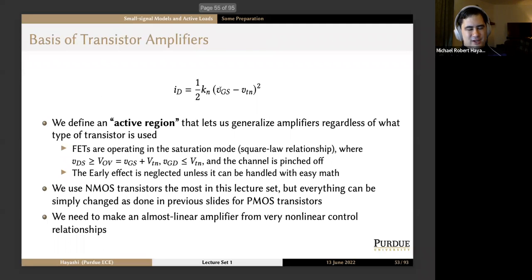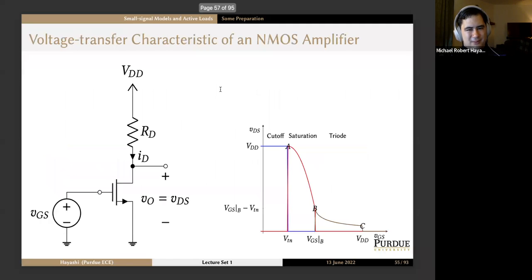For saturation mode, we can also plug in the equations for the other modes of operation, where ID is equal to 0 in cutoff. So we just get VO is equal to VDD. We have the more complicated saturation mode equation, which produces a curve that looks like this between points A and B. And then we have the triode mode past that, which happens when VDS sinks below the overdrive voltage, and then we get this B to C characteristic for triode mode.